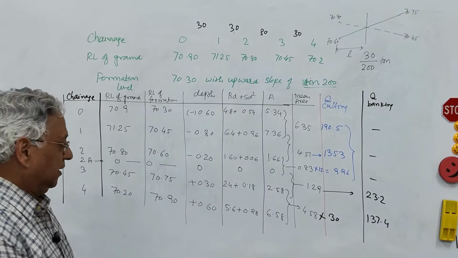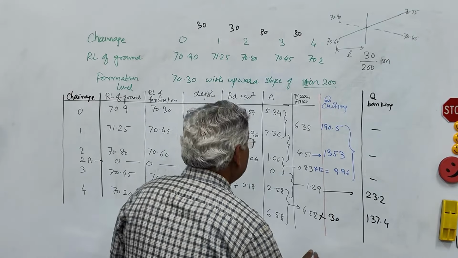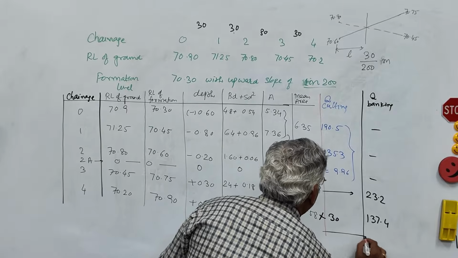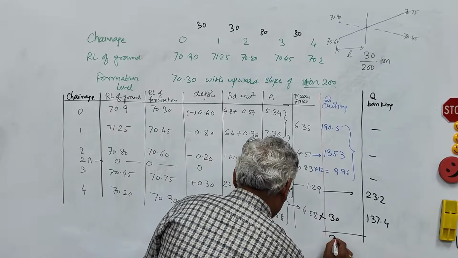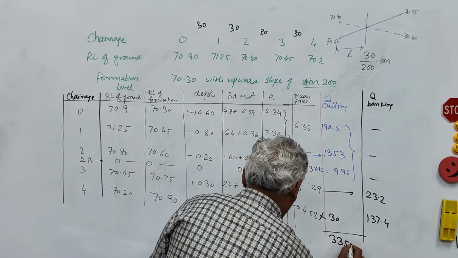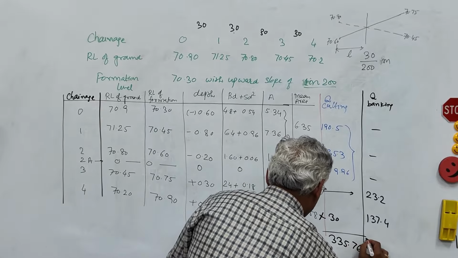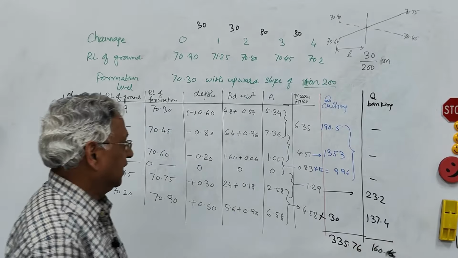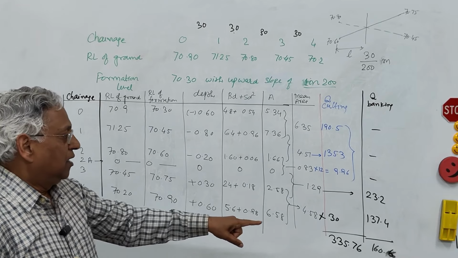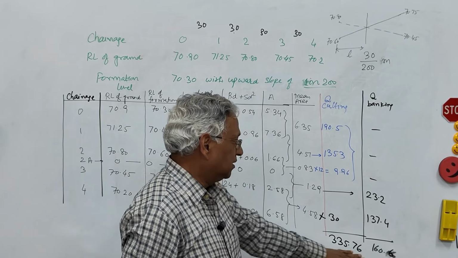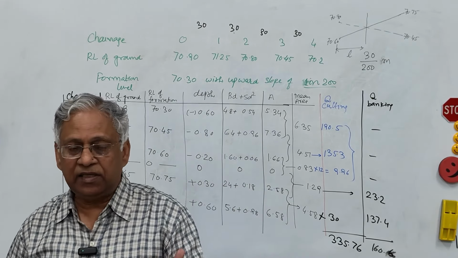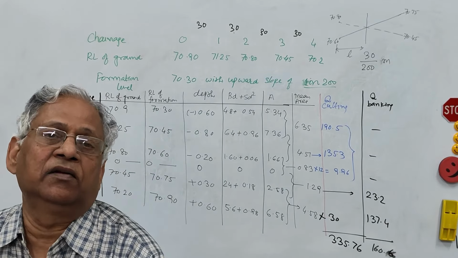You can add them. So the total in cutting is 335.76 and this is 160.6. This is in cutting, this is in banking. And why are we estimating these two separately? Because rates are different.